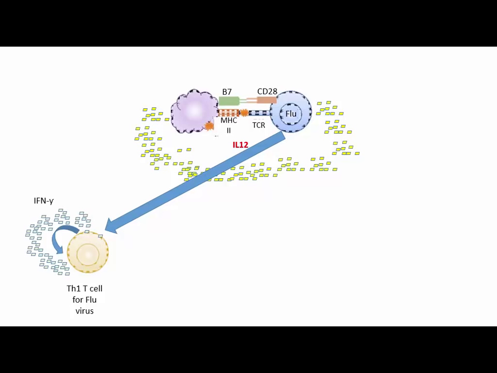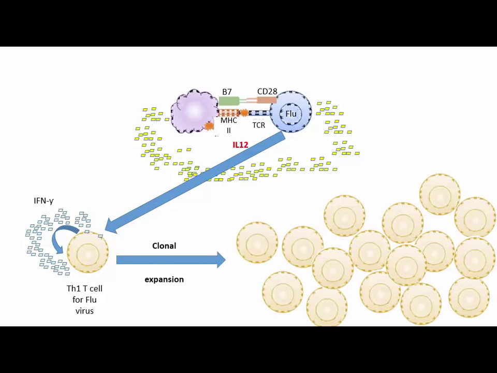Next thing that needs to happen is clonal expansion. And the way clonal expansion happens is the activated Th1 cell will secrete interferon gamma, and this process is called autocrine stimulation. The Th1 cell produces interferon gamma and binds on receptors in the Th1 cell. And that causes the Th1 cell to proliferate exponentially.